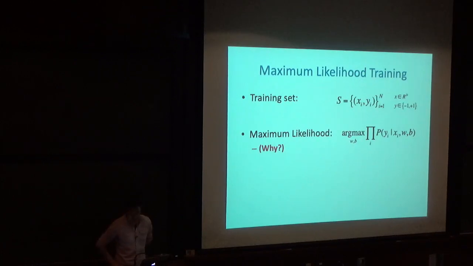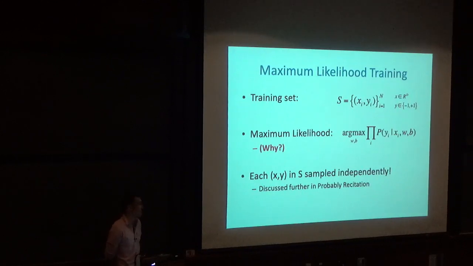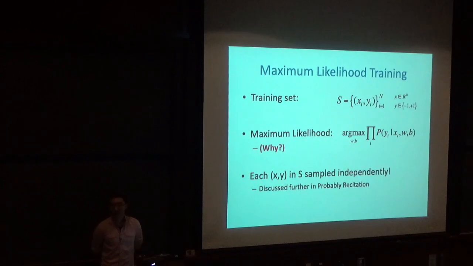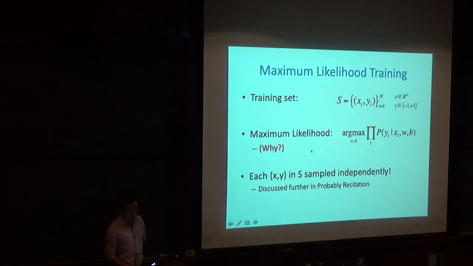We'll touch on this in the probability recitation later on in this class. Right now we're not going to delve too deep into probability, but to rephrase your answer, if we assume that all the data points are sampled independently from the test distribution, then what we actually want to do is maximize the probability that we get everything correct.